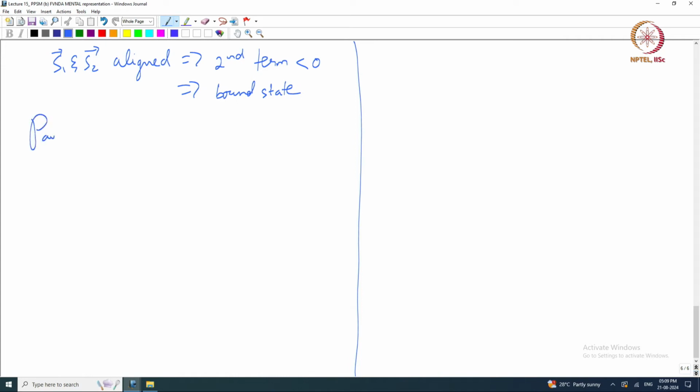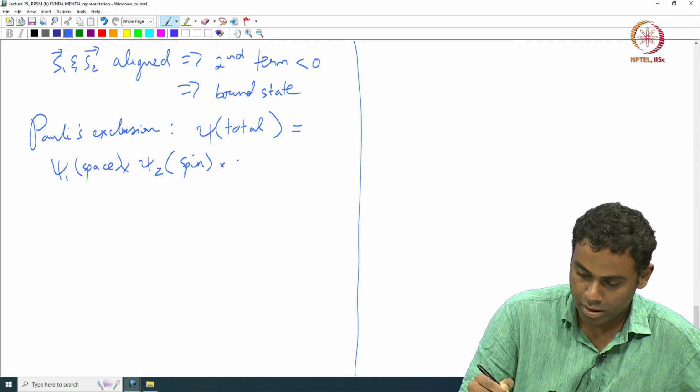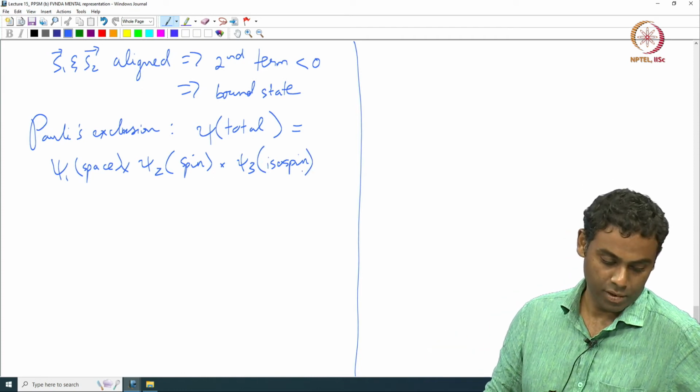Because Pauli's exclusion tells us that you have to consider the antisymmetry property of exchange of fermions for all wave functions, right, or in other words I can write schematically the total wave function as 3 components: exchange in literal spatial position, so let me call it psi 1, and then exchange in spin space, and now in this case importantly exchange in isospin space as well, correct.